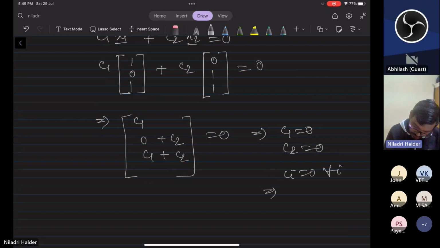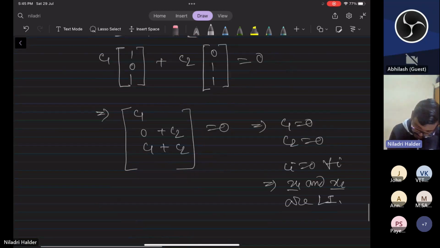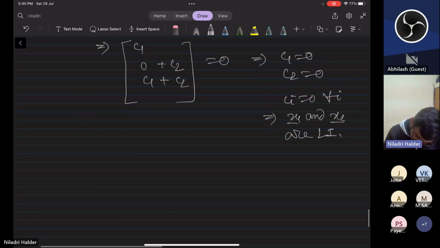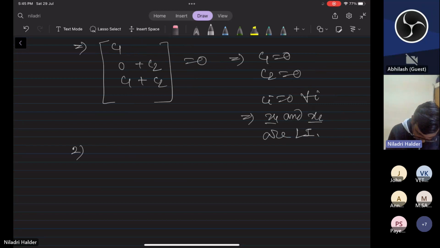Hence x1 and x2 are linearly independent. The second question is whether they are orthogonal or not. We'll check orthogonality using the inner product.